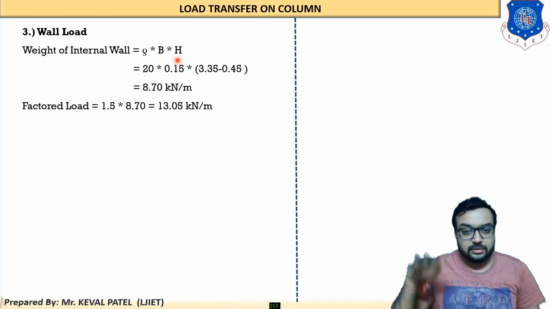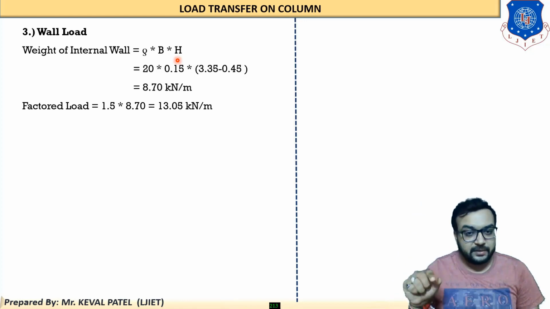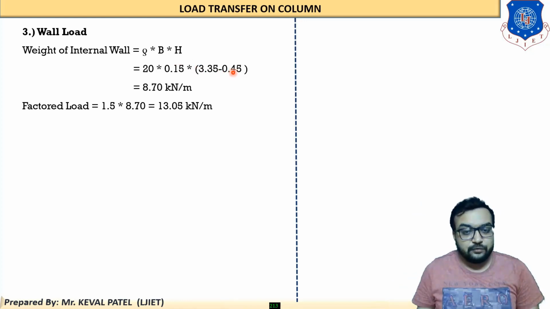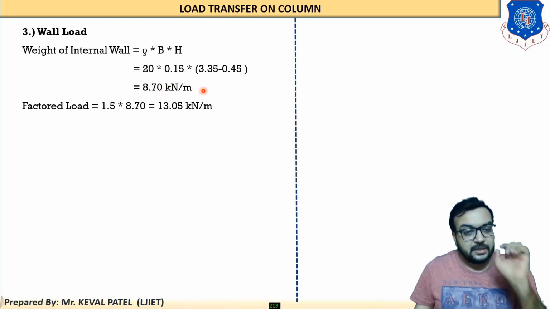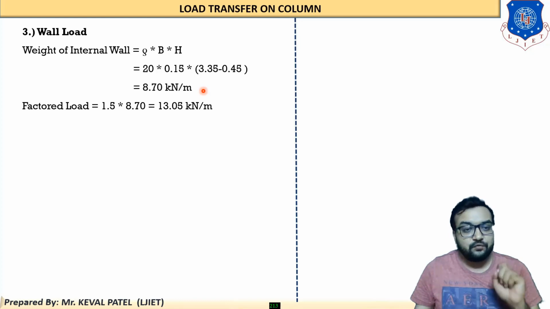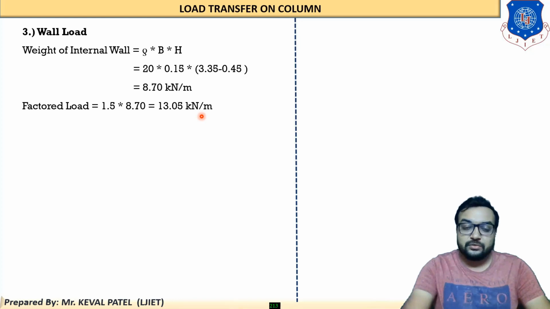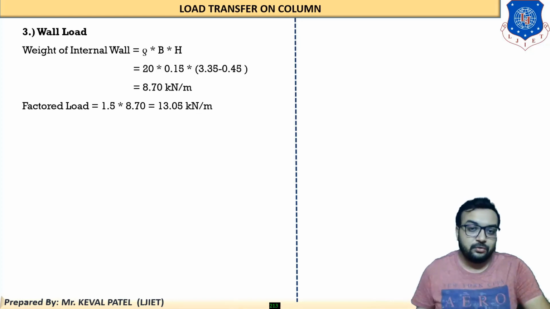So our floor height is 3.35 minus 0.45, which is discussed later in this slide. So this calculation gives 8.70 kilonewton per meter, but this is an unfactored load. So we have to find the factored load, which is 13.05 kilonewton per meter. So this is the calculation of wall load.